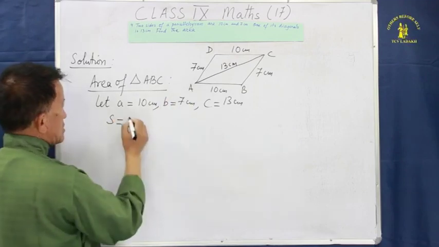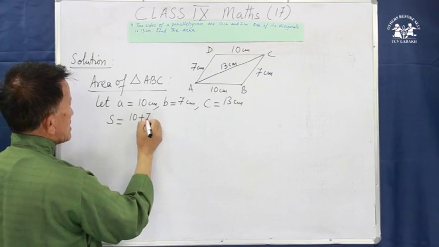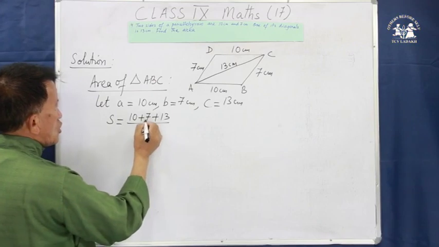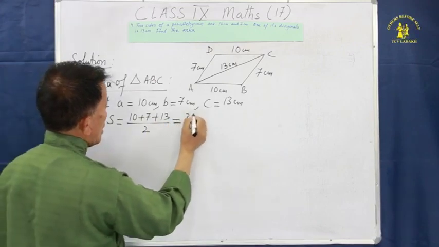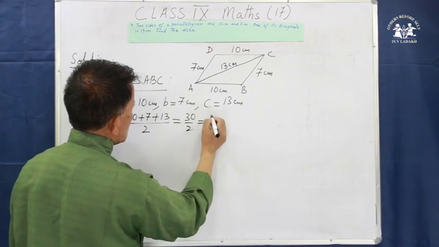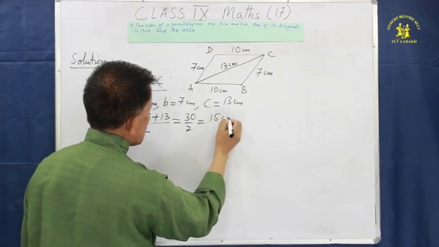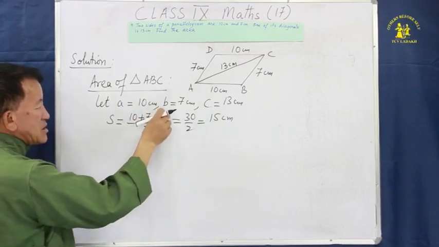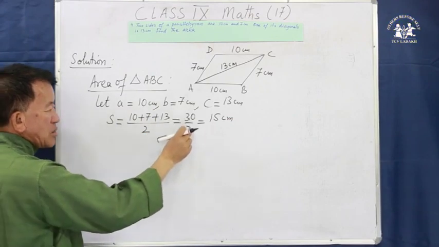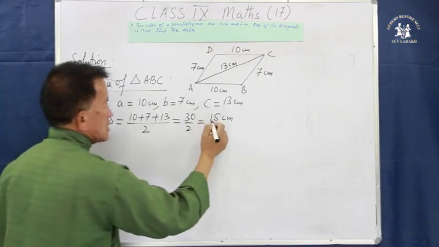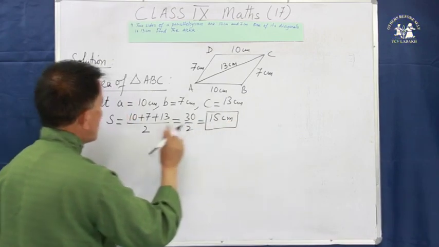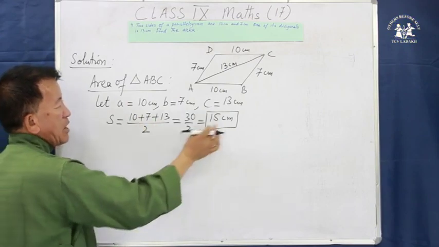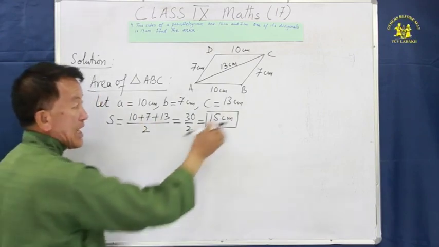Semi-perimeter, sum of all the sides, 10 plus 7 plus 13 divided by 2. 20, 30. 30 divided by 2 is equal to 15 centimeter. Actually, we have to write 10 centimeter plus 7 centimeter plus 13 centimeter divided by 2 is equal to 30 centimeter divided by 2 is equal to 15 centimeter. We have to write the unit clearly. So to save time, we'll write the correct unit at the end.